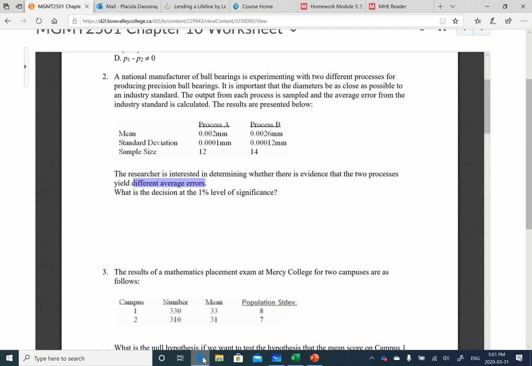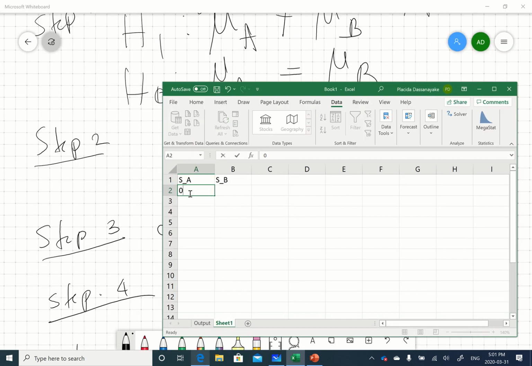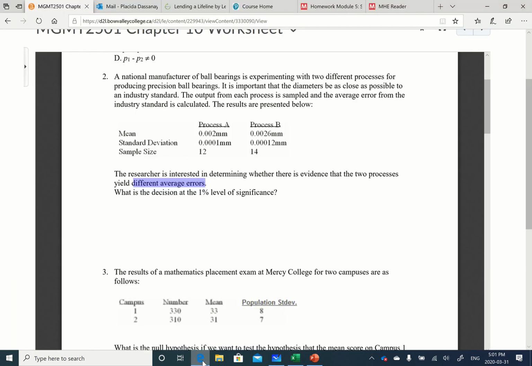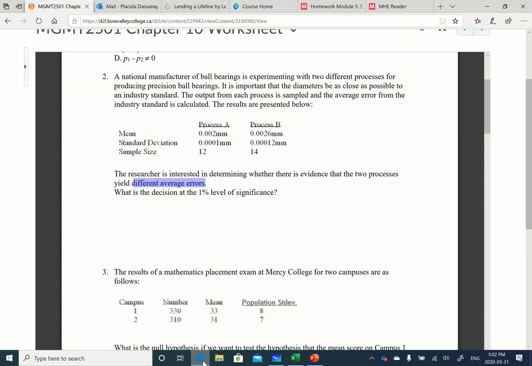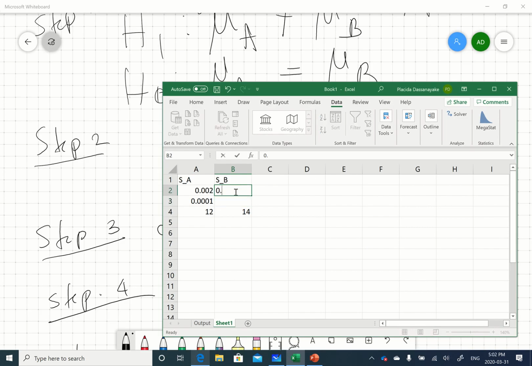So 0.002, 0.0001, mean, standard deviation, and then the sample size 12, and then this one is 14, 0.0026, and then 0.00012. So in that exact order: mean, and then standard deviation, and then sample size. Here also mean, standard deviation, sample size.